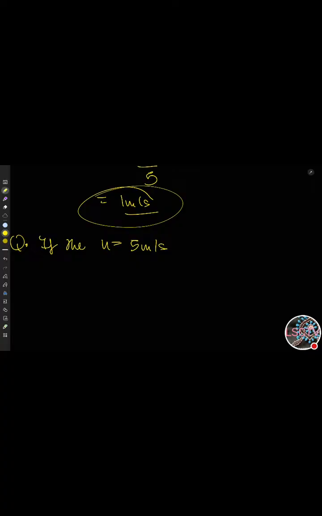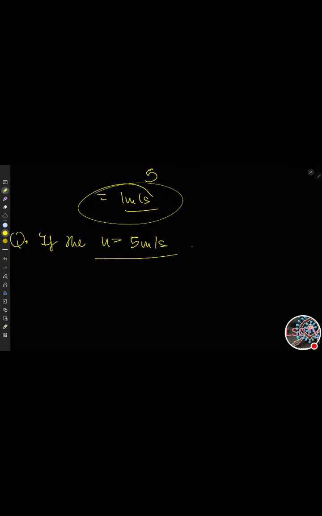If the initial velocity is equal to how much? 5 meters per second. Fine. Got it, everyone? Now, the final velocity I'll give you as 10 meters per second. Fine.